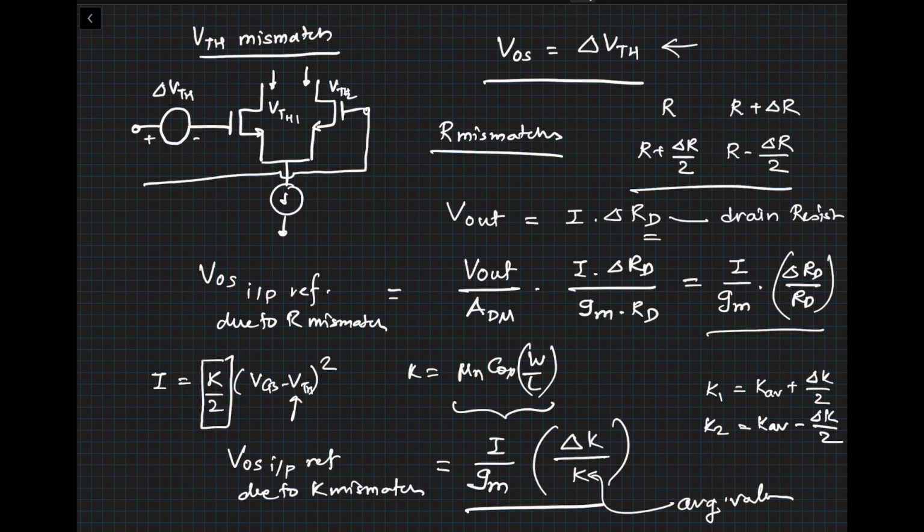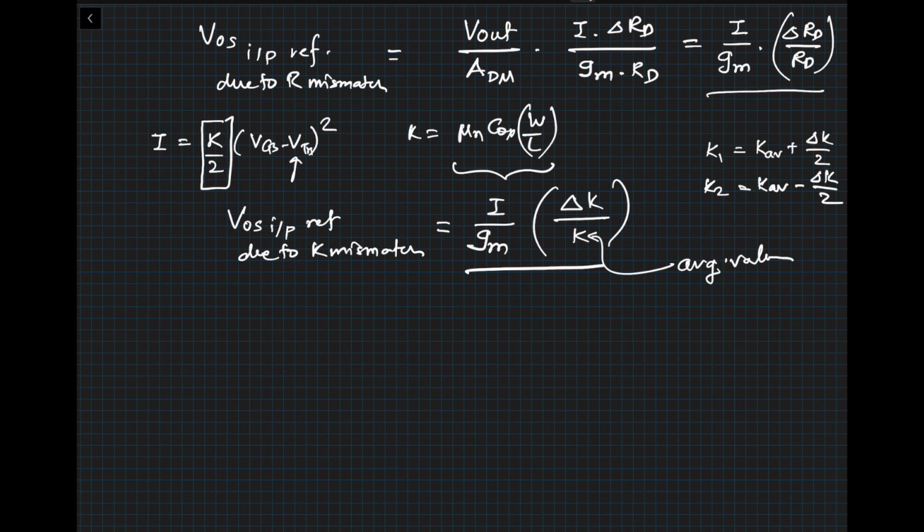You don't just write all three offsets and add them together, because these are randomly varying quantities. So you have to take a mean square addition of all these randomly varying quantities, because this is a statistical effect, right?